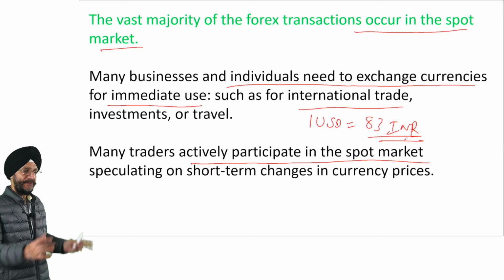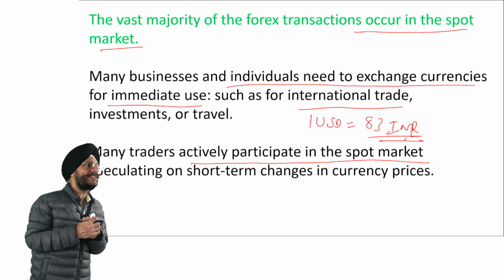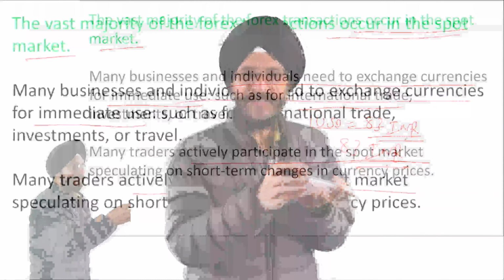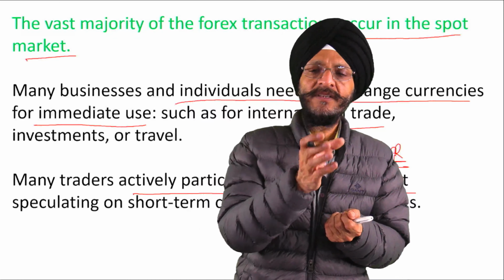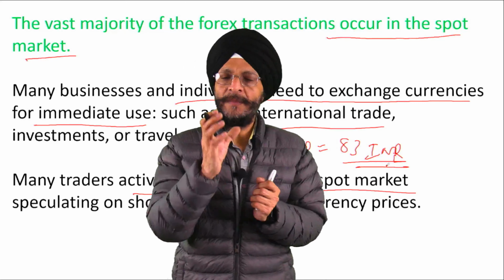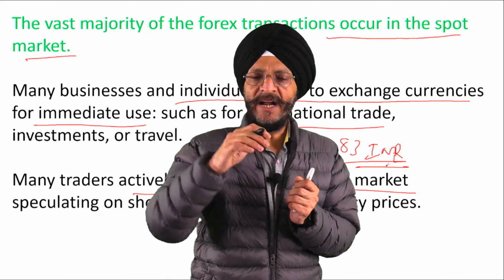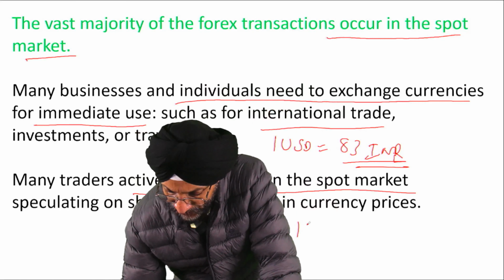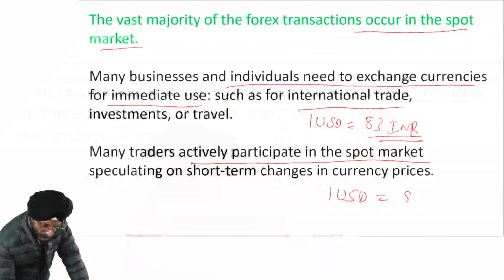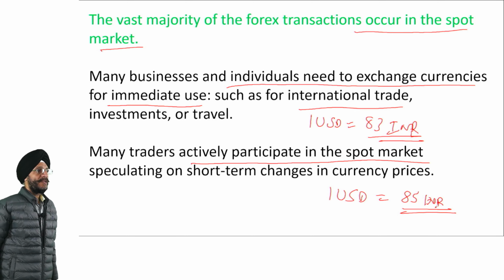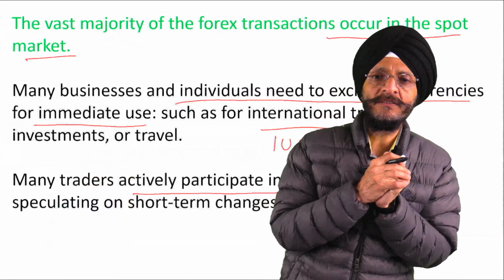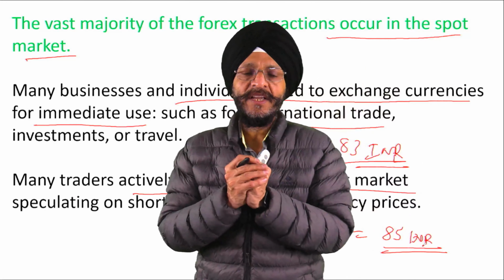If I am a speculative trader and I think that this is the first half of the session, the forex market has just opened, and in the second half of the day the market price of $1 is expected to reach 85 rupees, that is, there will be an appreciation of the US dollar in comparison to the Indian rupee.